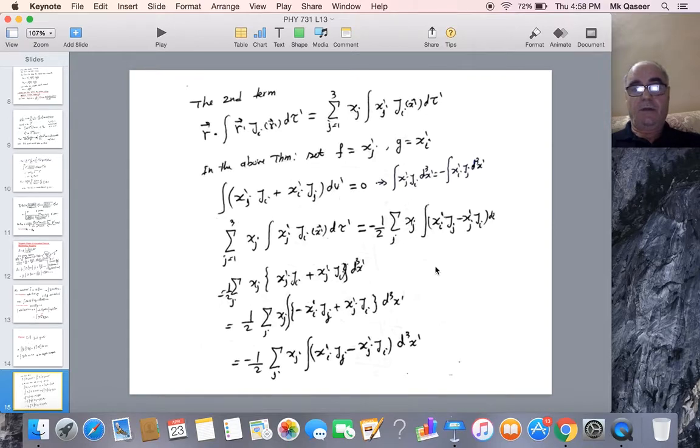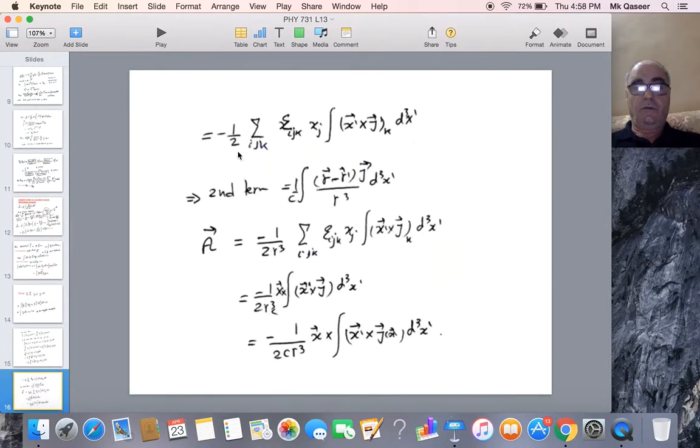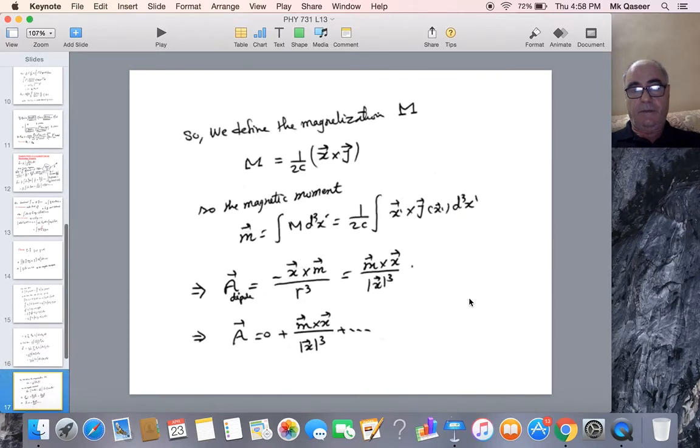Now simplifying, we finally reach this expression, which means that the second term can be written in this form. Epsilon ijk is the Levi-Civita symbol, or a tensor of rank 3. Now finally we reach this expression for the second term.